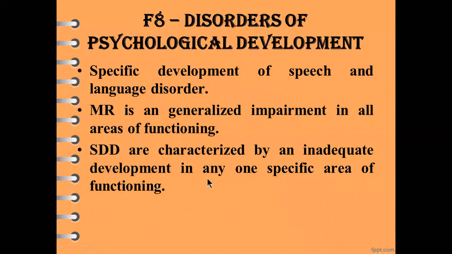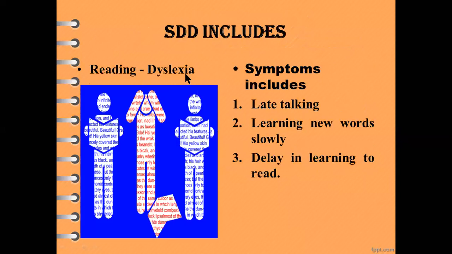Okay, now let us see the specific developmental disorder. This you might know already. Dyslexia. Which movie do you know? I know dyslexia from the movie Tare Zamin Par. I know you all might have seen that movie. So what is the main feature of dyslexia?